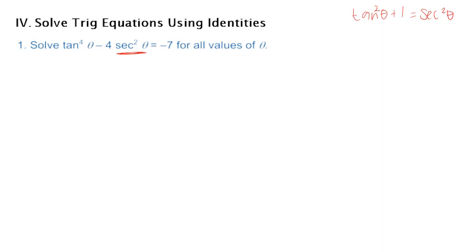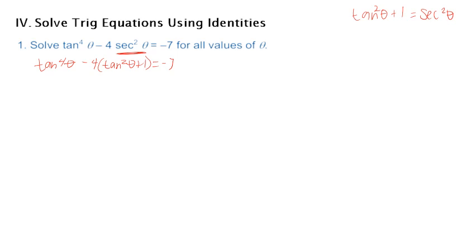Okay, so I am going to go ahead and replace that. So I'd have tangent to the 4th of theta minus 4 times tangent squared theta plus 1 is equal to -7.